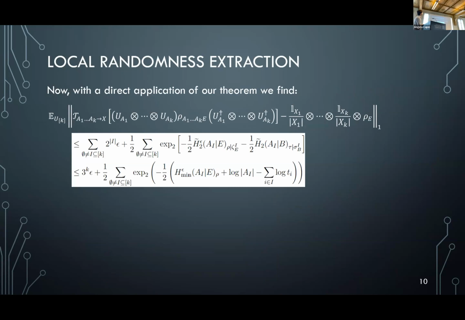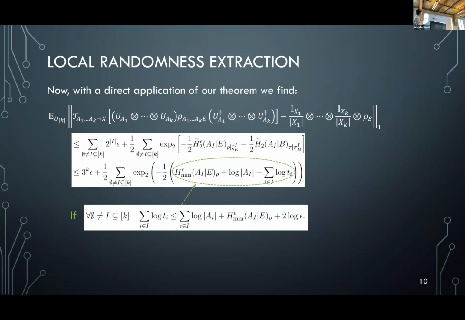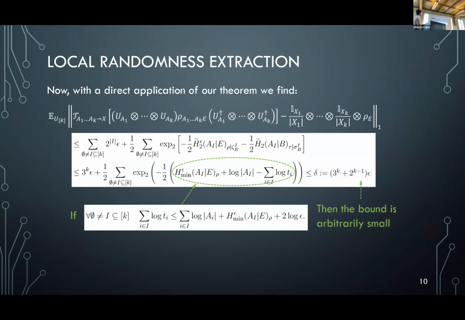Now, as we know how to calculate this expression for the quantum channel, we can define this term to have this expression, and combine the whole thing to be proportional to epsilon, and therefore as small as we want.